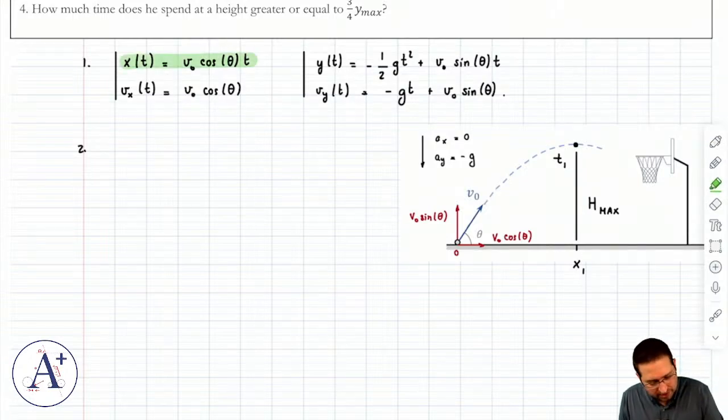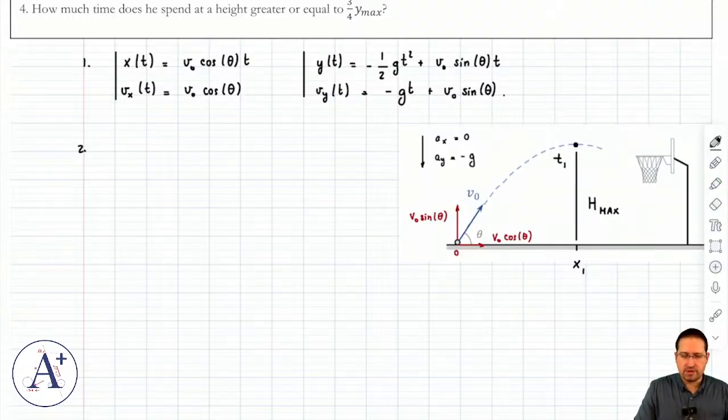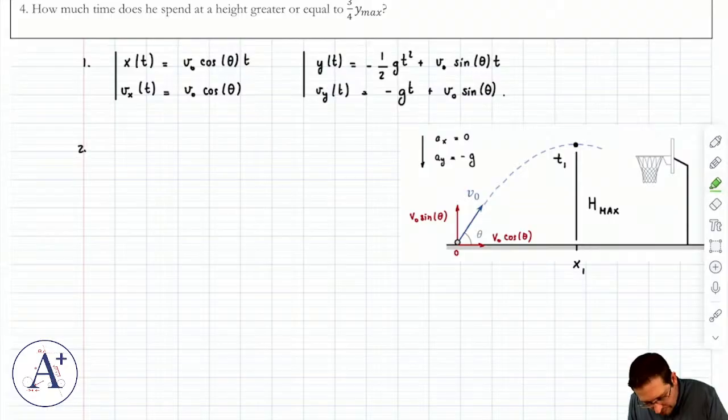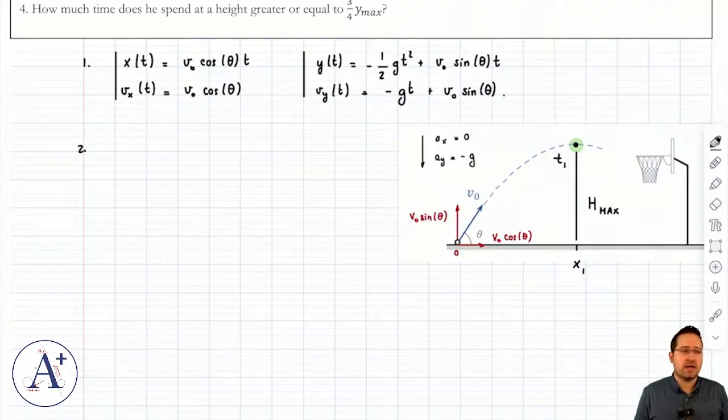Once I have my kinematic equations to describe the flight of my projectile, whether that's a golf ball or Tony Parker or whatever, I have my equations, right? So I just need to then write what must be true at the max height and use the equations to get information about the max height and x1, okay?